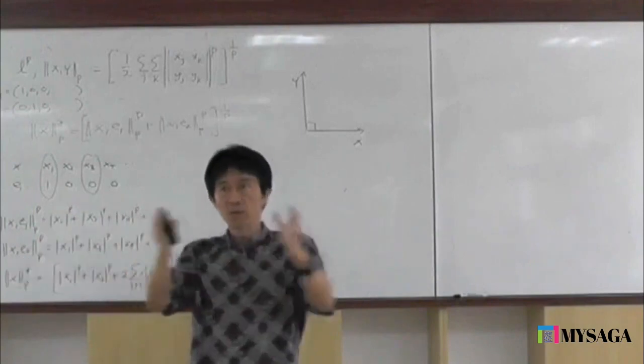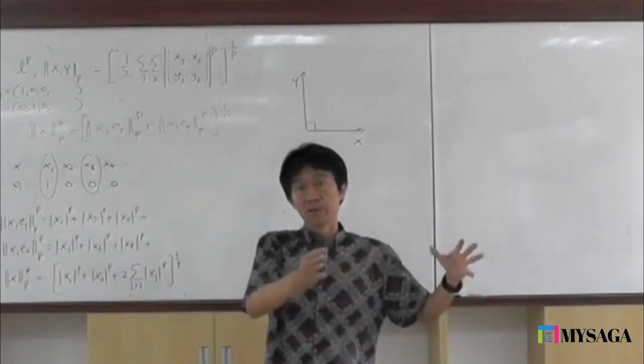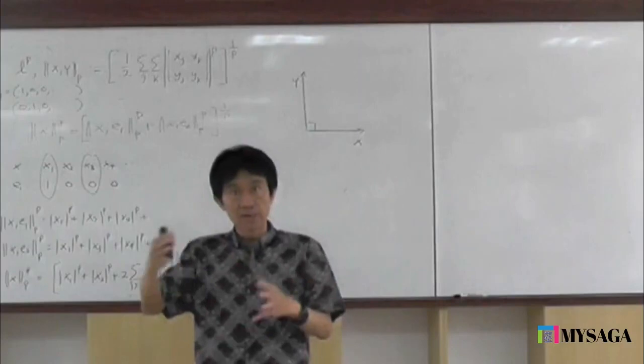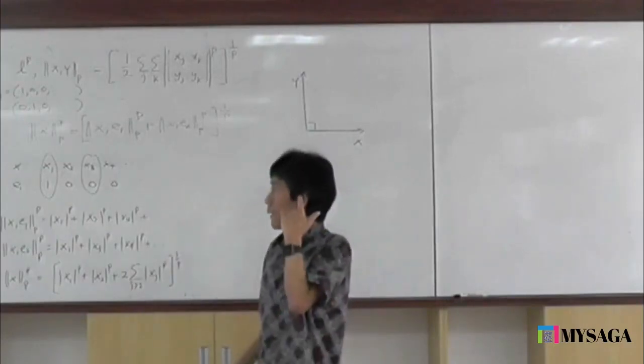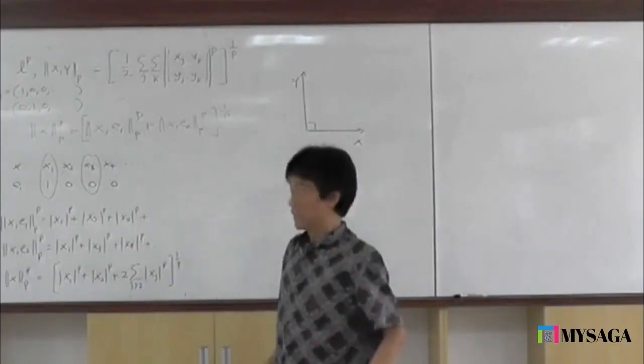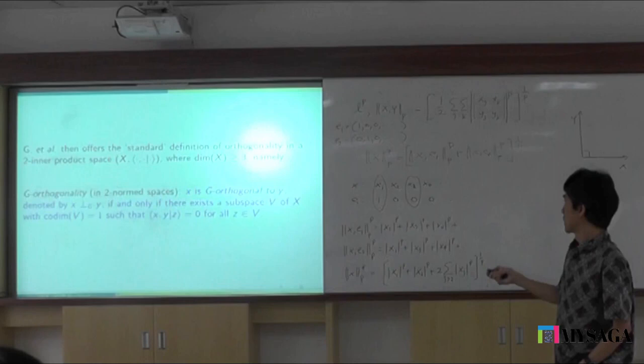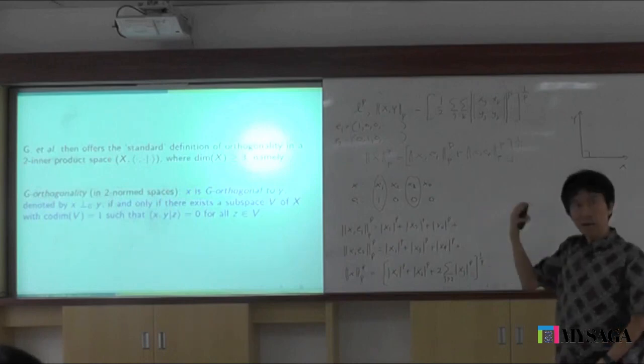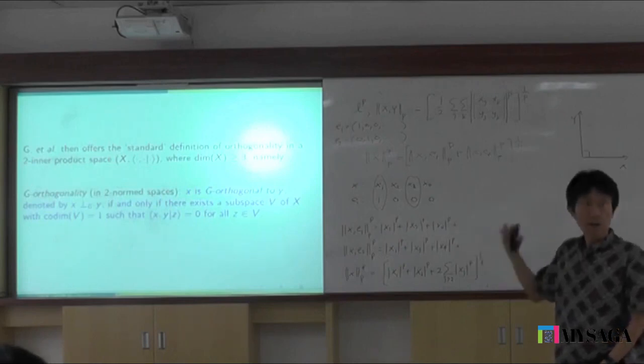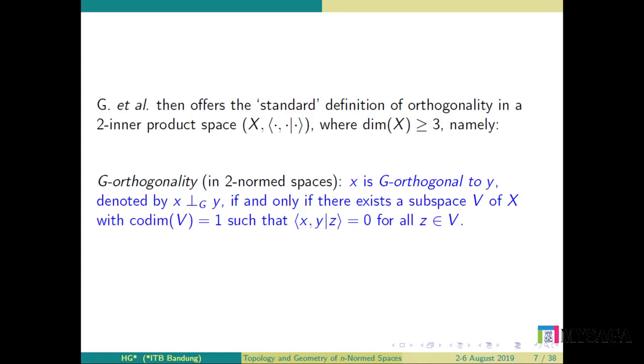One is too much, one is too few. So we look for what is the right size of the set, and we found that this should only hold for Z in a subspace having codimension 1.